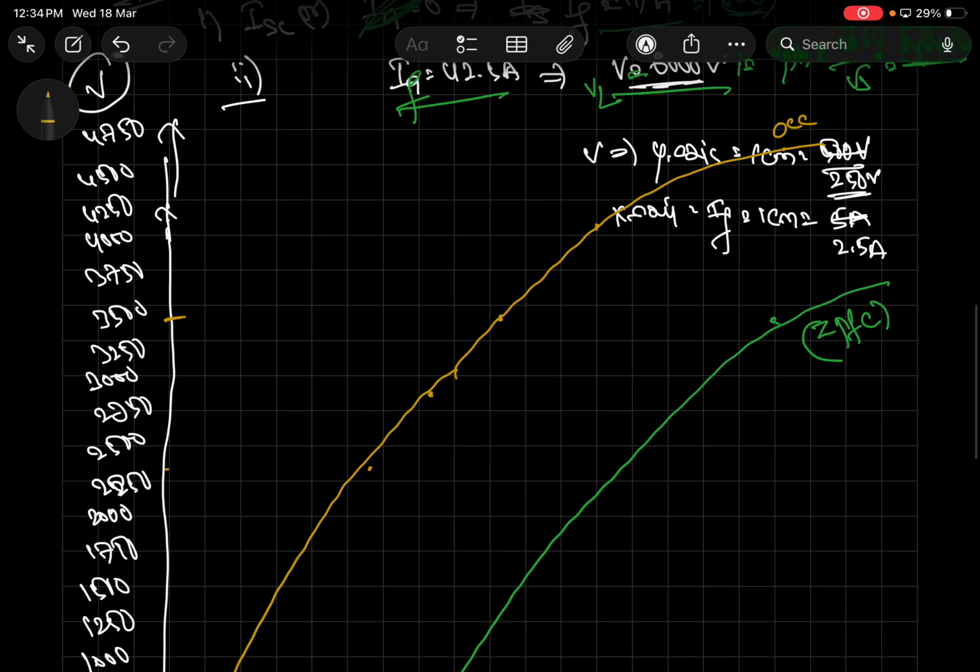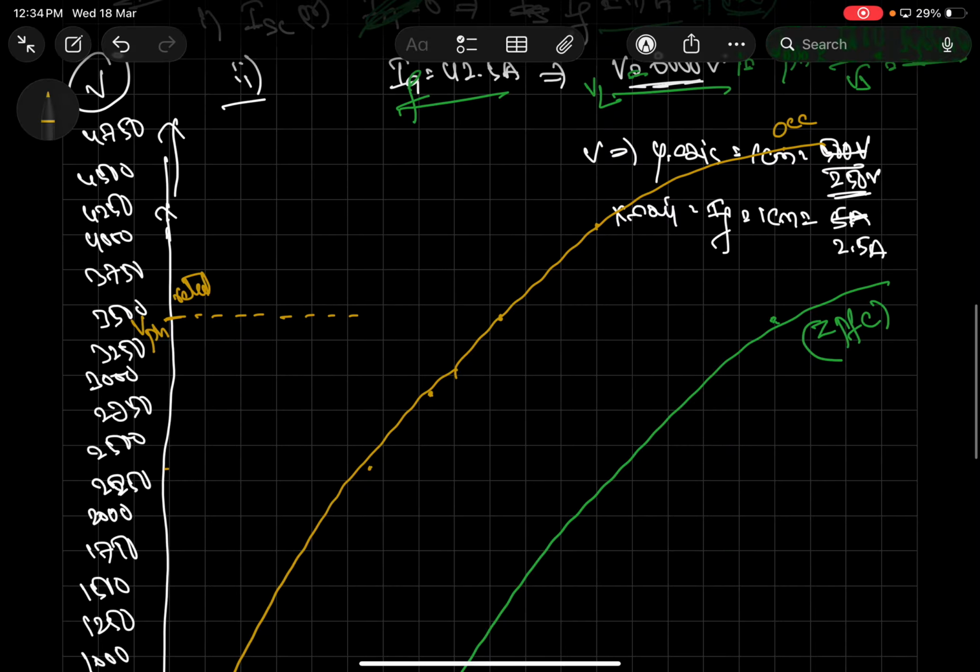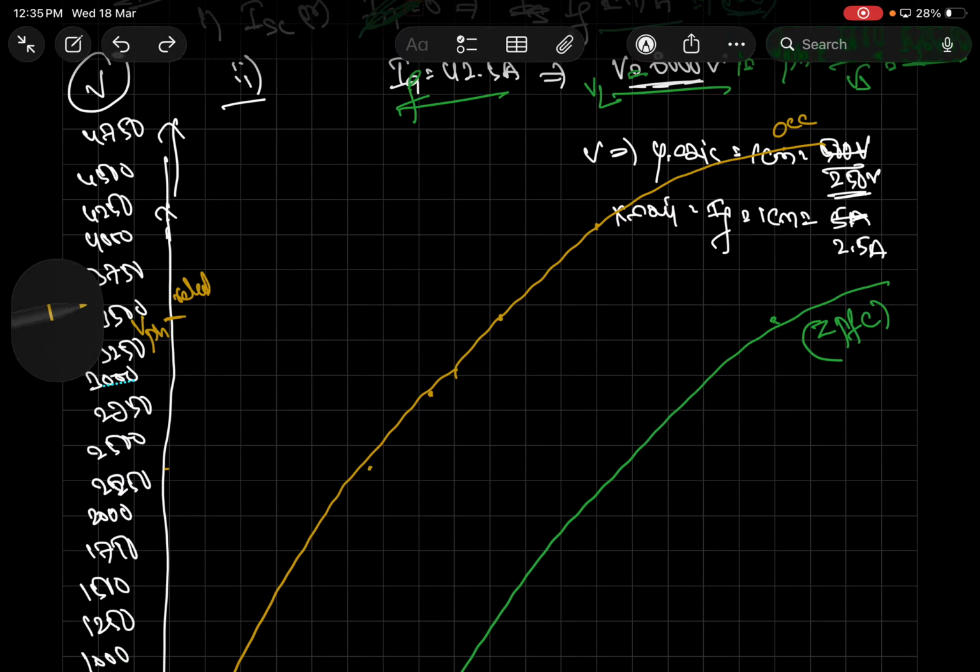So approximately I am considering here V phase rated. Draw a dotted line at 3464 onto the axis. I'll try to use a different color.